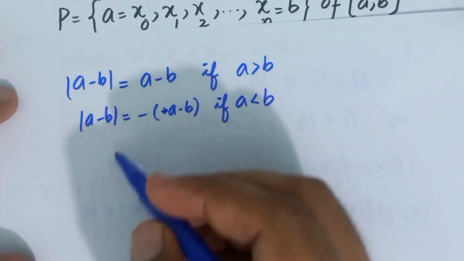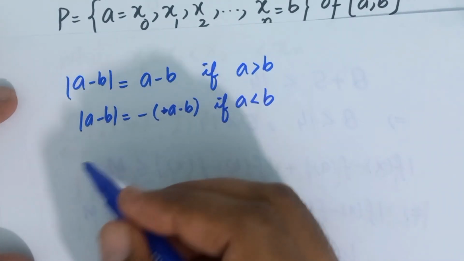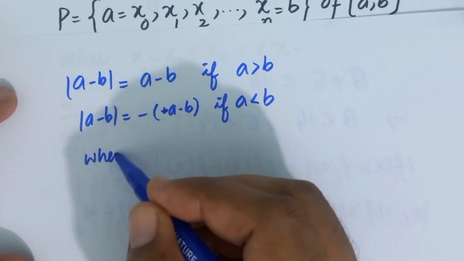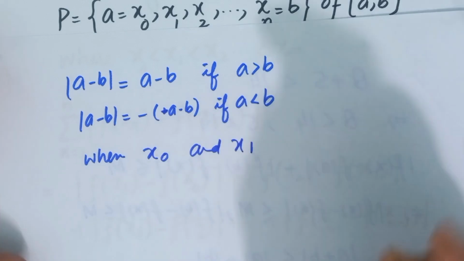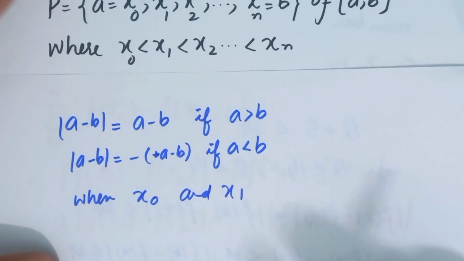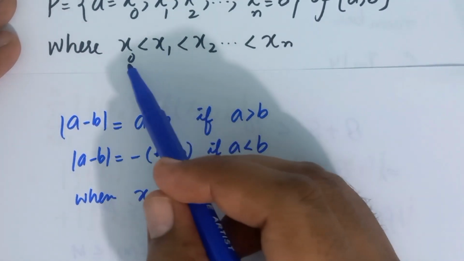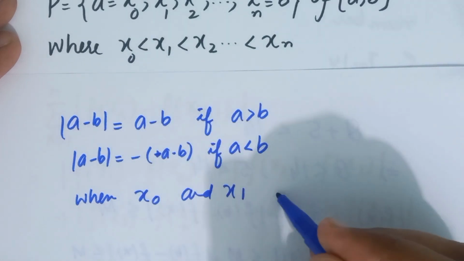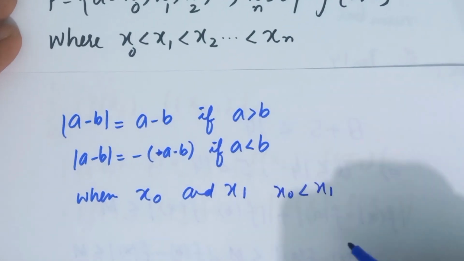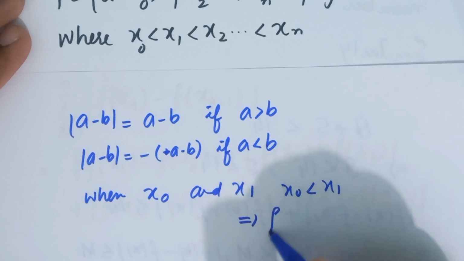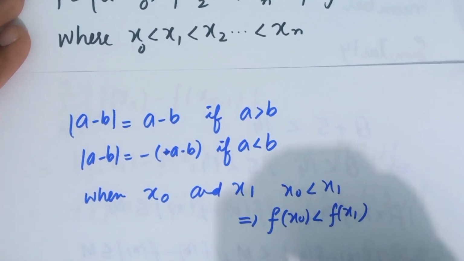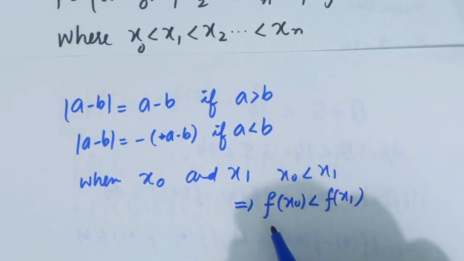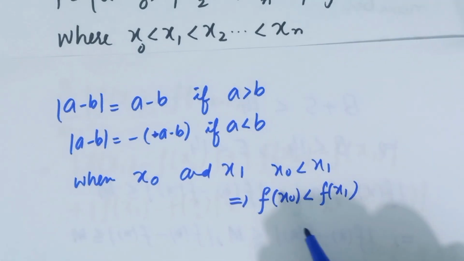So in our case, because our f is an increasing function, when we choose the two numbers x0 and x1, as we have supposed that the partition points are in this order, x0 is less than x1, this implies f of x0 will be less than or equal to f of x1 due to monotonicity of the function, because here we assume that our function f is an increasing function.